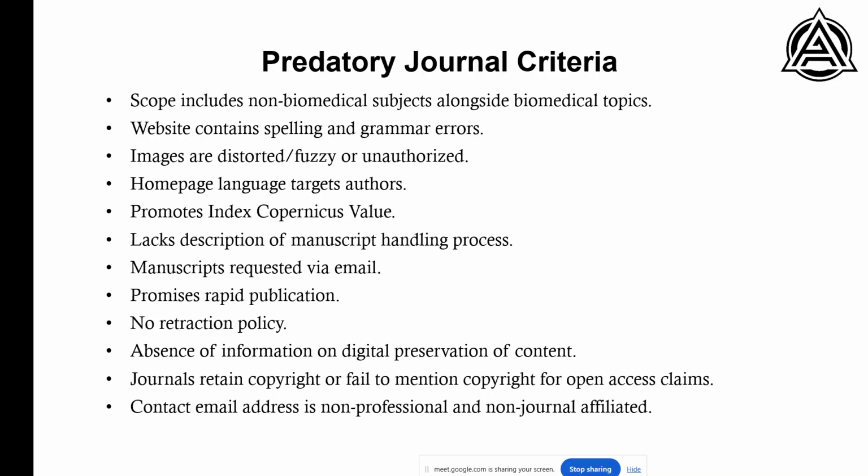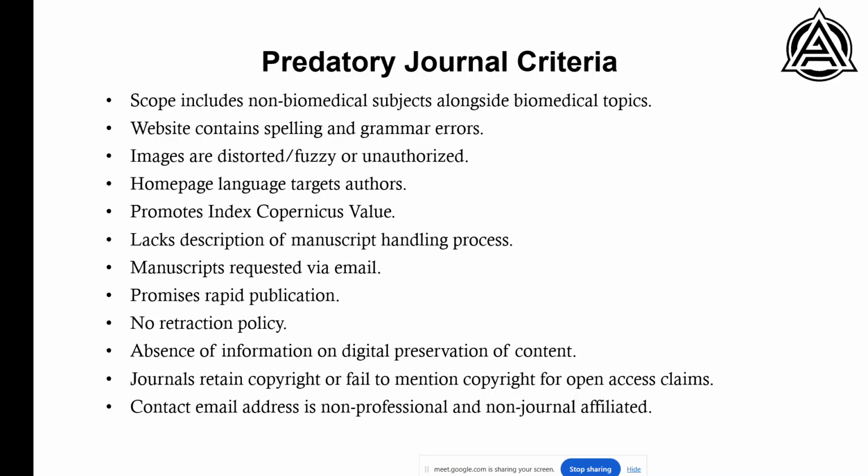And the next point is absence of information on digital preservation of content. So these points you have to note very carefully. For example, these domains, website domains, hosting platform. These are all technical things, right? So any issues can occur at any time.